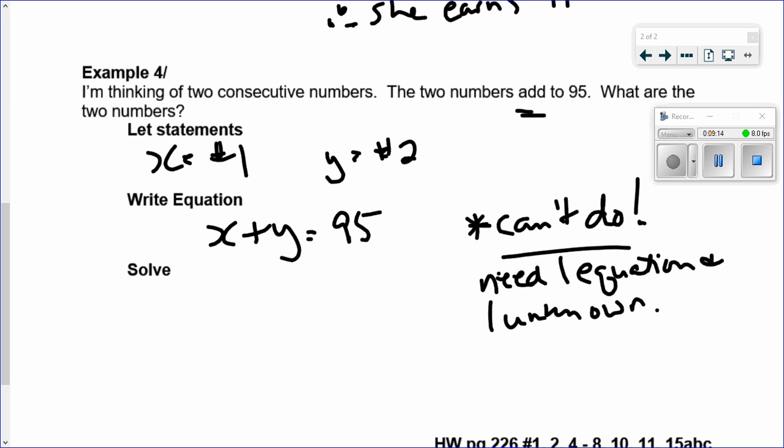Fortunately, the question gives me a little extra information. Two consecutive numbers. So I can change it like this. I still don't know what x is, but I know that x and x plus 1 are two consecutive numbers, right? Think of it this way. 2 and 3 are two consecutive numbers, or I could do it as 2 and 2 plus 1. 1,000 and 1,001 are two consecutive numbers, or I could do 1,000 and 1,000 plus 1.